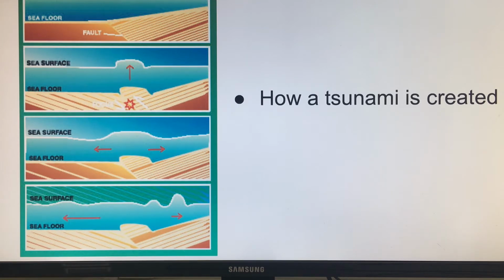But the main thing here is that the fault line will move the seafloor upward, which will displace the water and push it upwards, creating a really massive tsunami wave because the wave is rising super high in the air, physically.